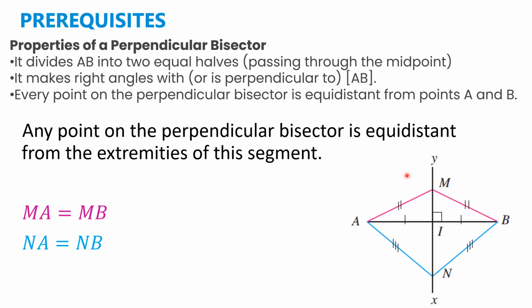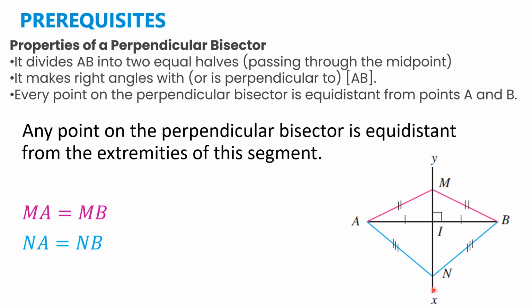So as you can see here, XY or MN is the perpendicular bisector of AB. Why is it a perpendicular bisector? It passes through the midpoint I and it is perpendicular to the segment AB.